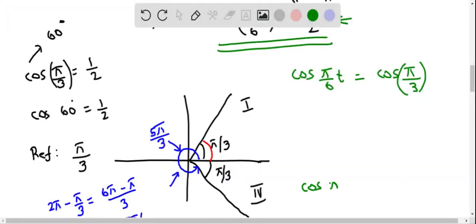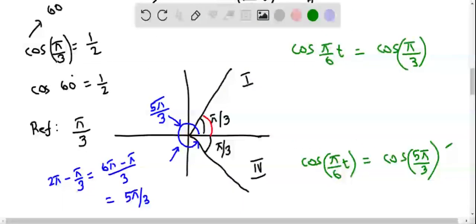That is, cosine of pi by 6t also equals cosine of 5 pi by 3, because cosine of 5 pi by 3 is also half. So from these two equations we can solve for t. Now this is actually cosine of pi by 6 t, so we have to put the bracket here.